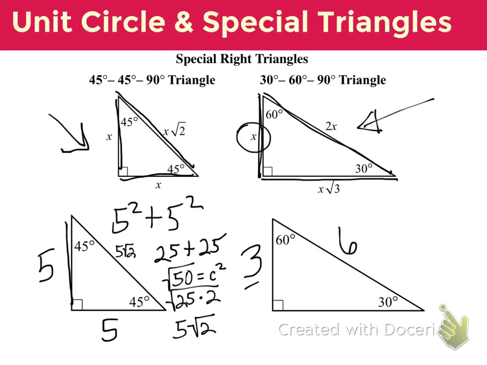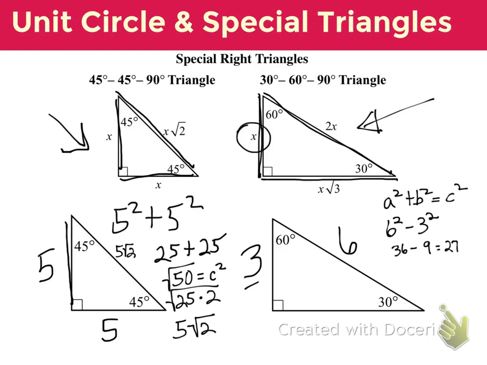Again, using the Pythagorean theorem, a squared plus b squared equals c squared, we're going to rearrange it a little bit because we are given the hypotenuse. We'll take 6 squared and subtract 3 squared and see what we come up with. See the difference? 6 squared is 36 minus 9, which is going to equal 27.